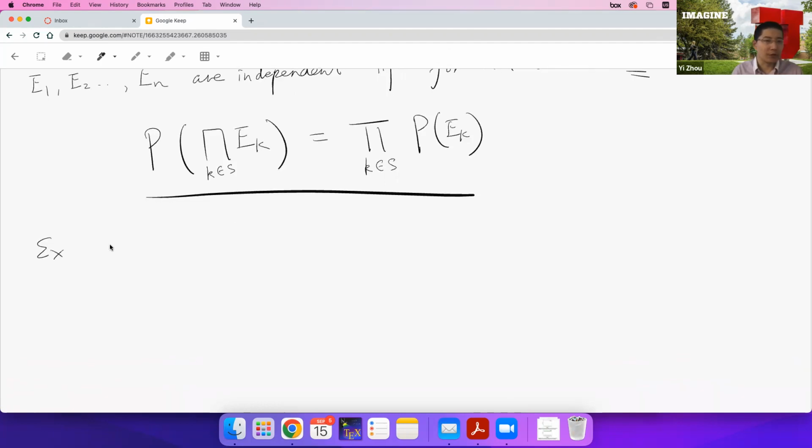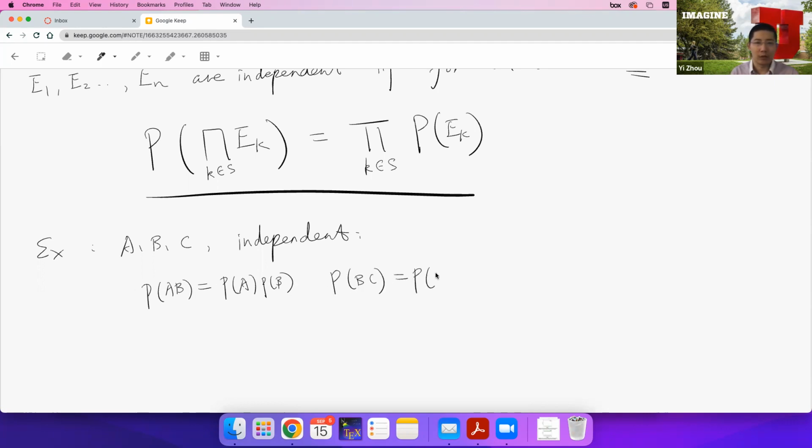For example, if we have three events A, B, C, then in order for the three events to be called independent, we need every two of them to be independent. This has three different combinations.